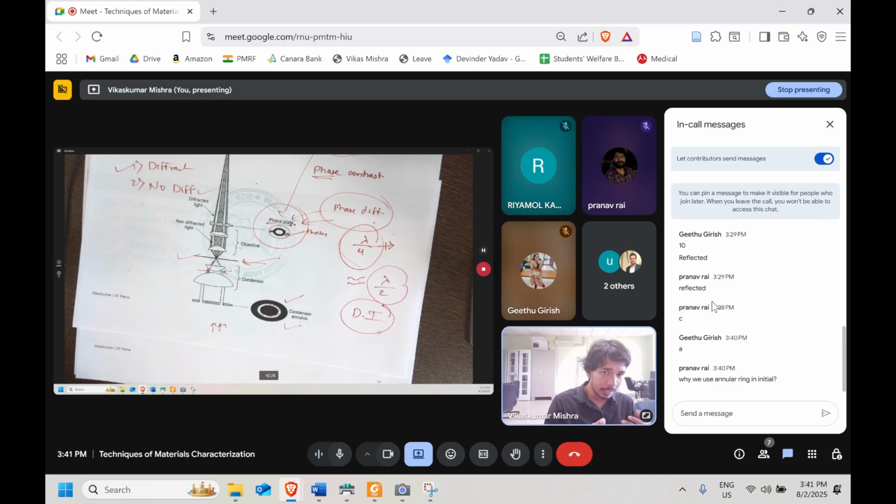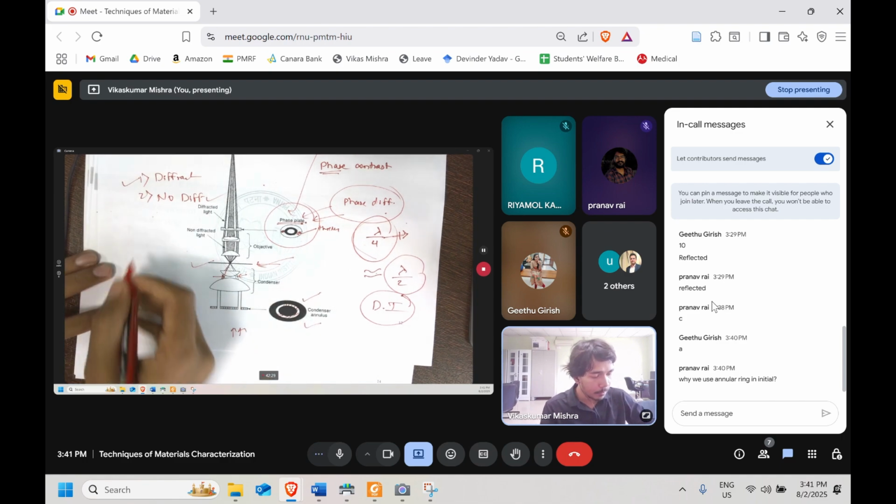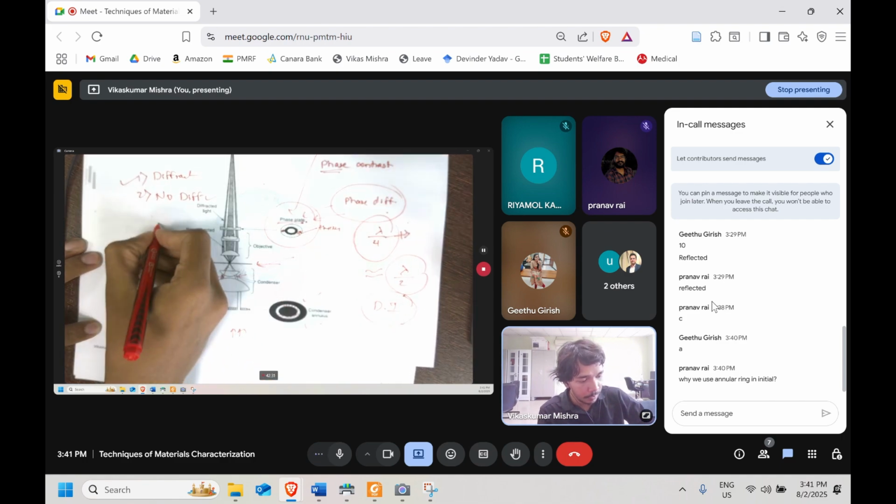So now, in this entire setup, let us say I'm drawing the phase plate. Let's say this is a phase plate.